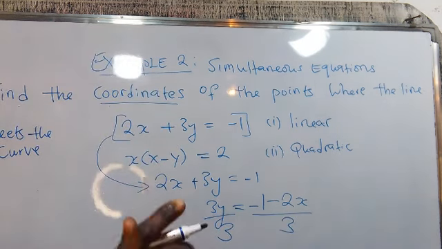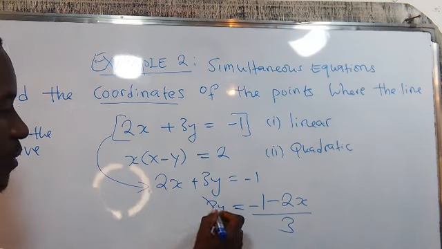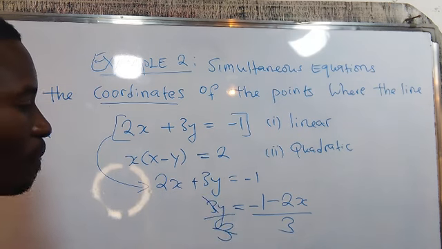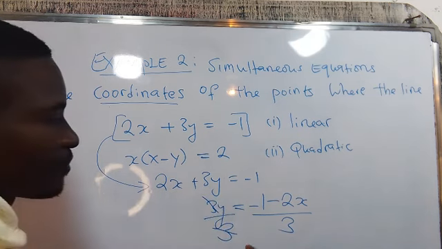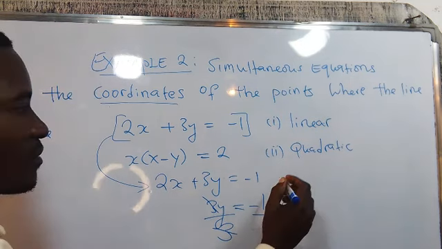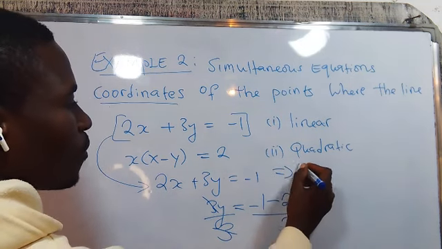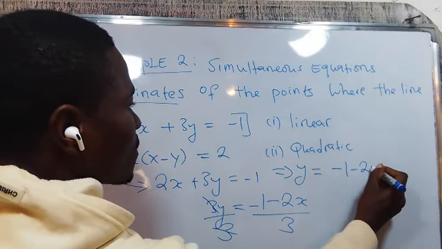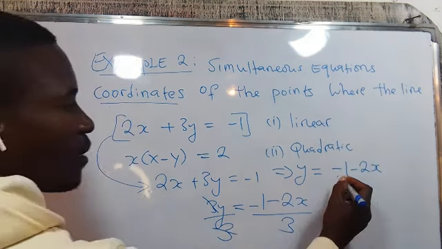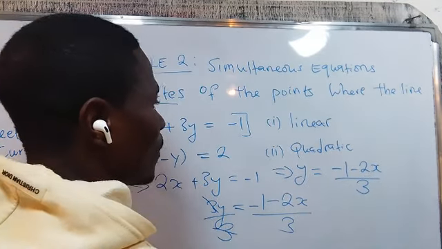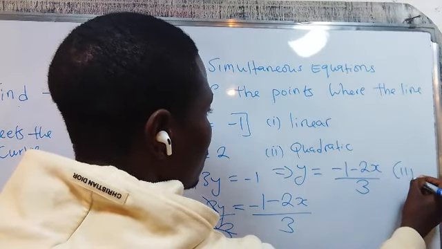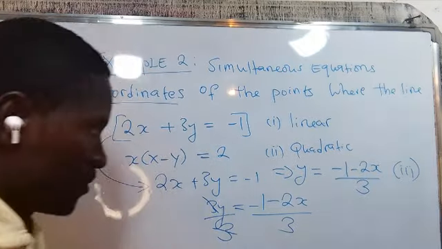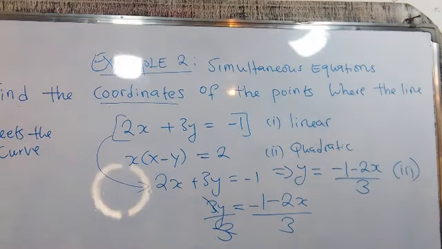So this will remain as y equals (-1 minus 2x) divided by 3. This gives us the third equation, if you may call it that.